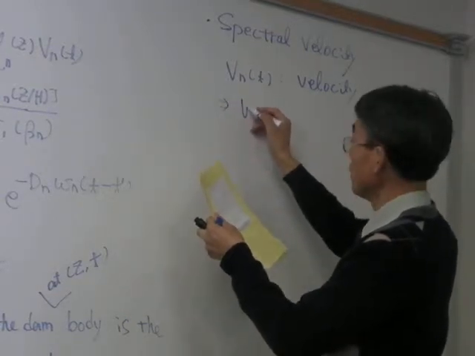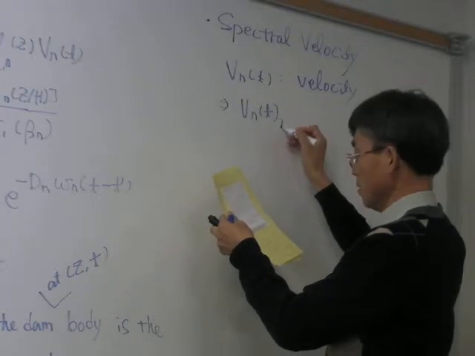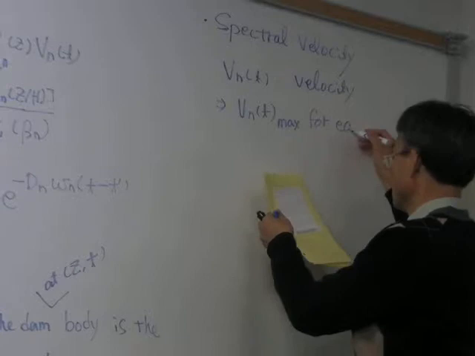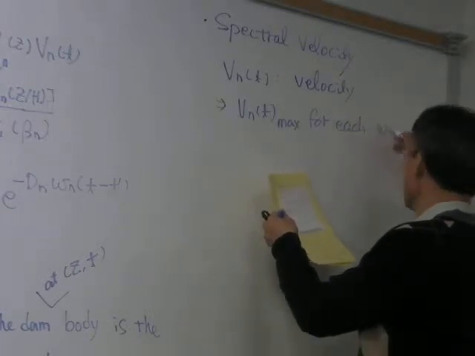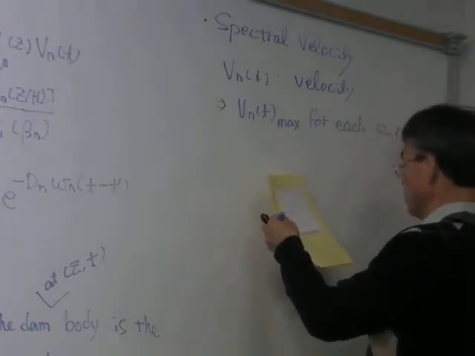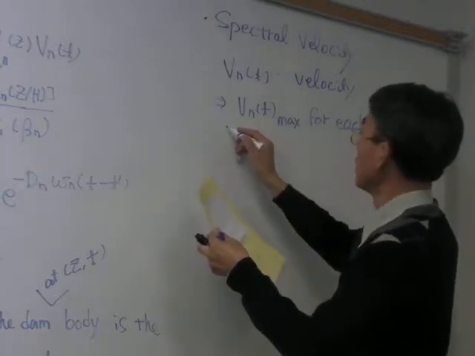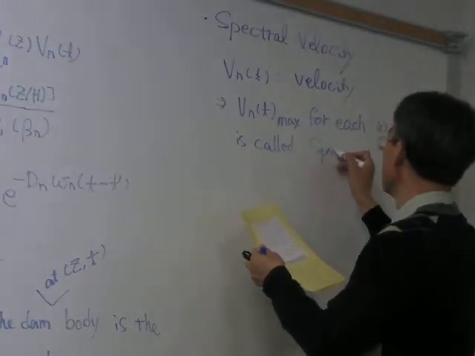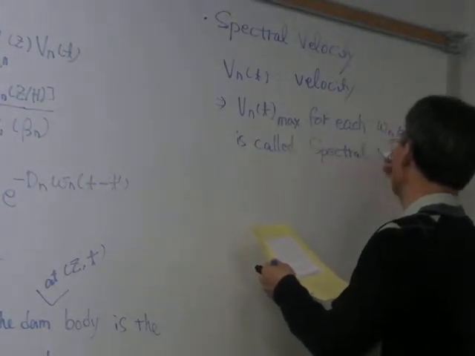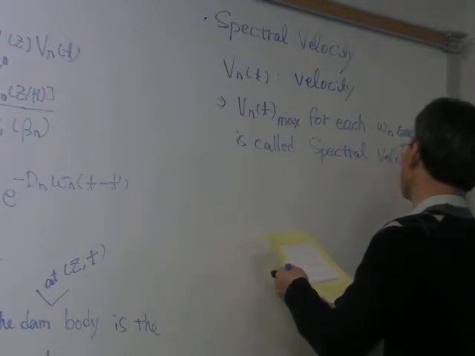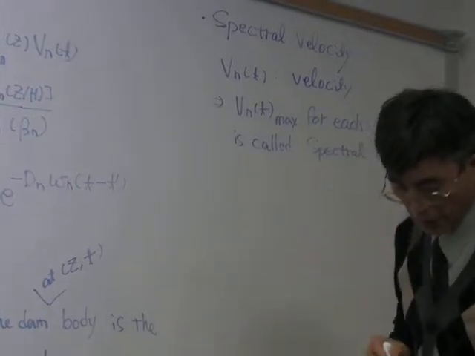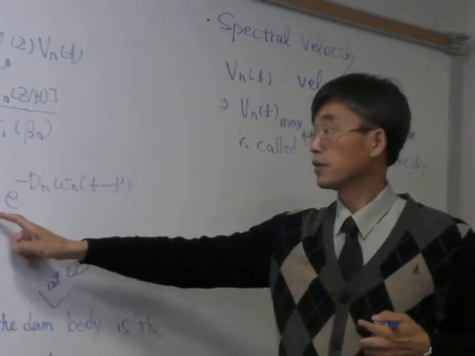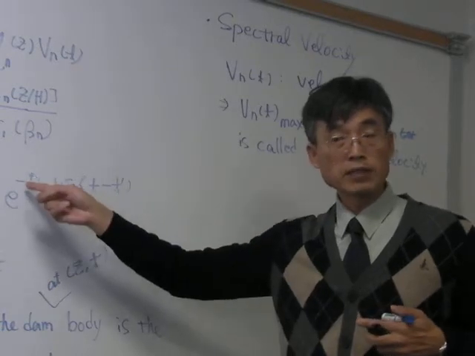And I would say VNT max for each omega n, or just omega n, is called spectral velocity. Again, this velocity is integration of acceleration times some factor in there.